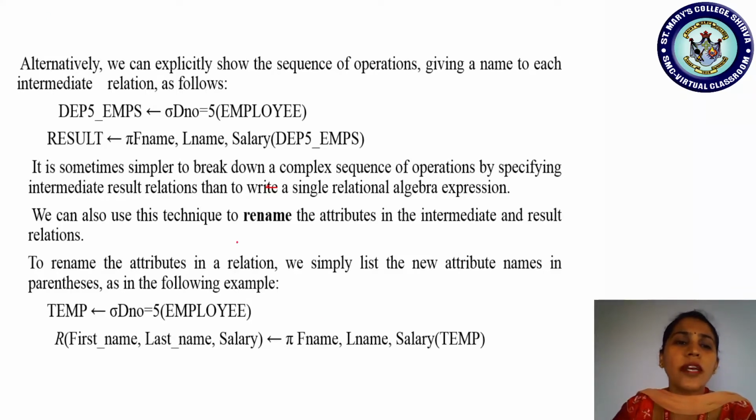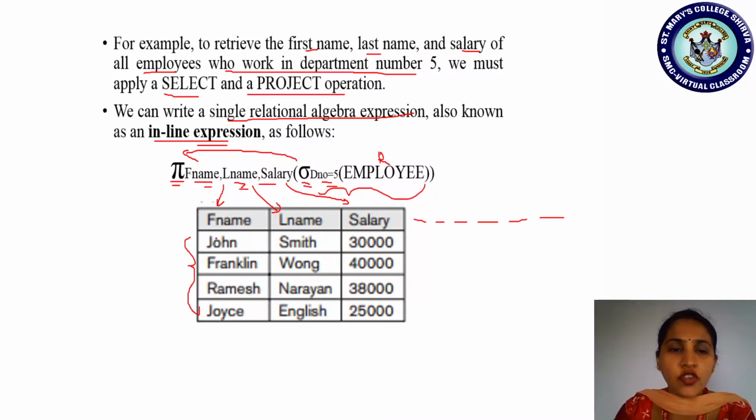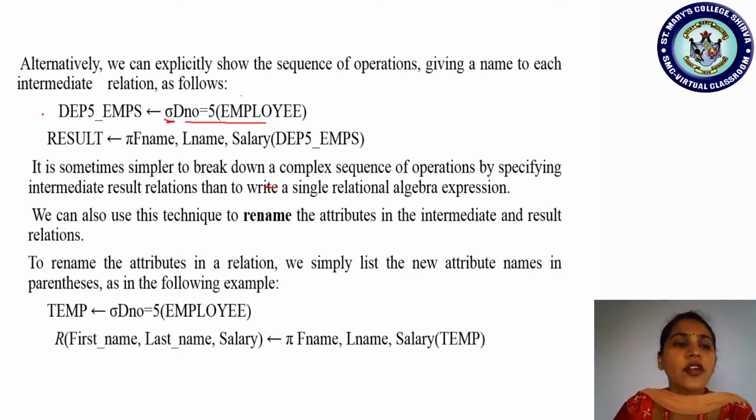Here, select from employee where department number equals 5. Select the employee tuples who are working in department number 5. When it has shortlisted John, Franklin, Ramesh, Joyce, 4 records are recognized, and those 4 records will be stored in which relation?